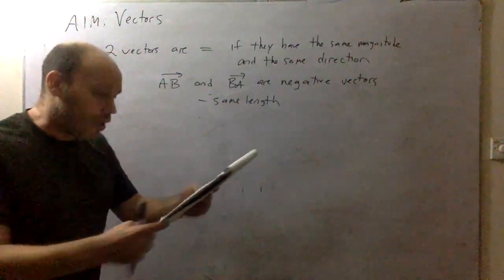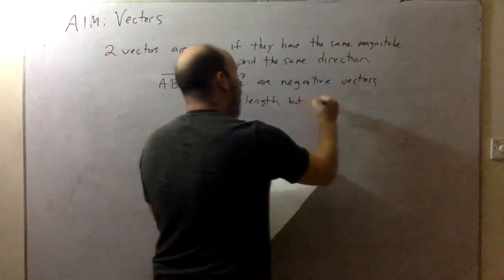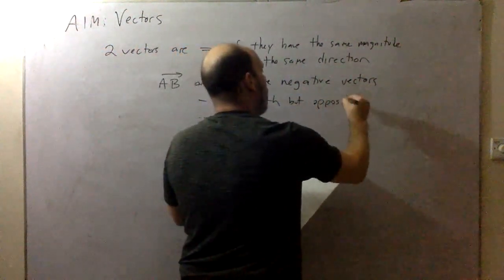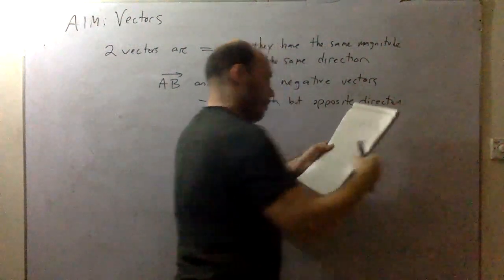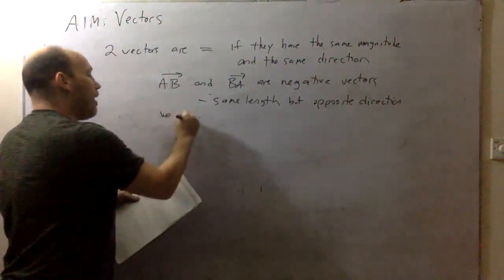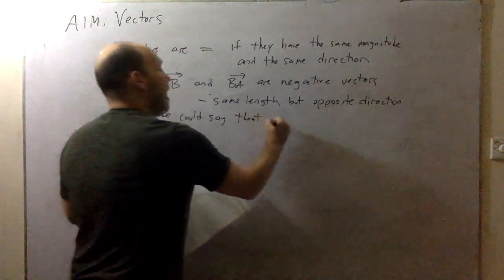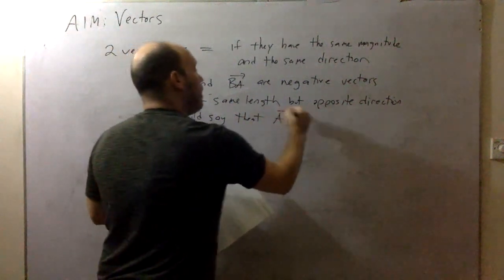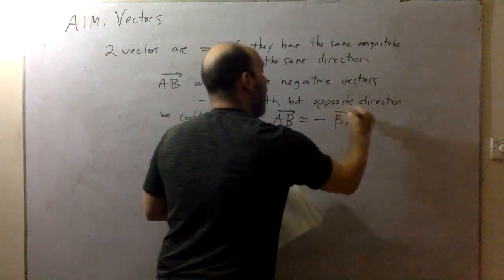They're opposite vectors: same length, but opposite direction. We could say that AB is equal to negative BA.